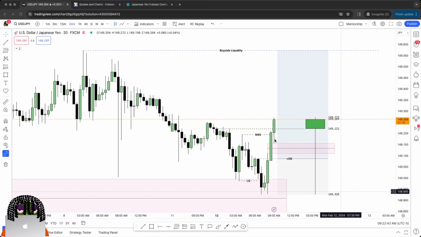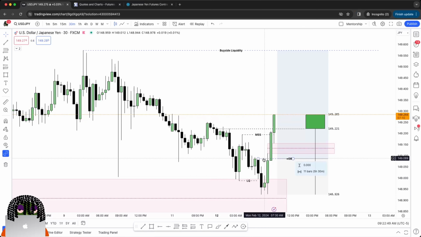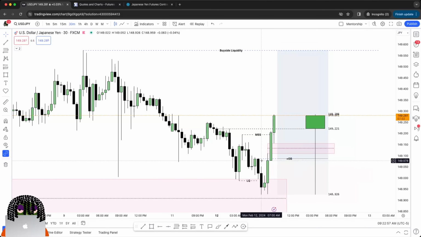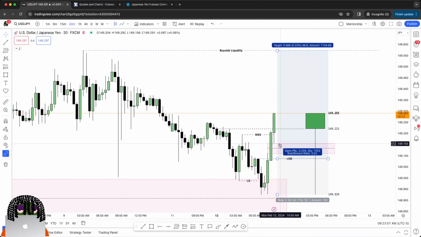So what I'm gonna do is, I got my limit here, but I'm also gonna put another limit here. But I'm not risking more than what I want to risk. I put the majority of what I want to risk here.